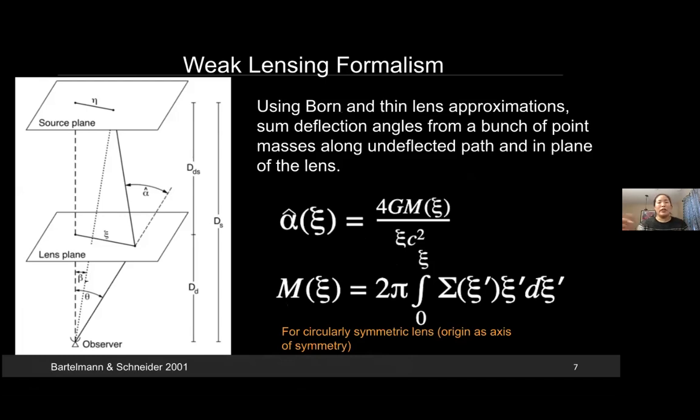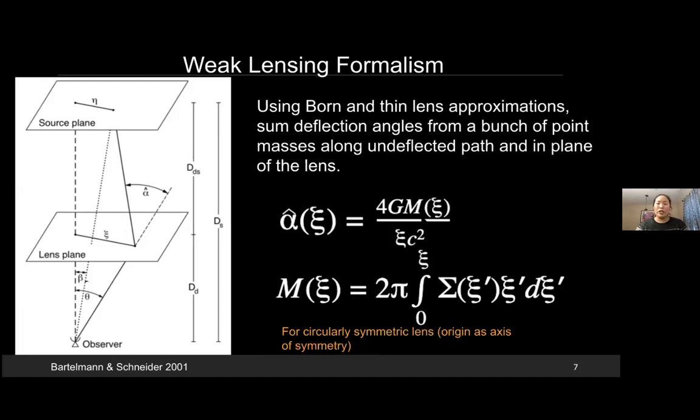So if you think about integrating over some unit mass dm, we're going to sum that over the undeflected path. And the other approximation is what we call the thin lens approximation, which is where we are assuming that you get a really strong deflection right in the plane of the lens, but it very quickly drops off if you're not in the plane of the lens. And so you can assume that that deflection is really just happening in a single plane.